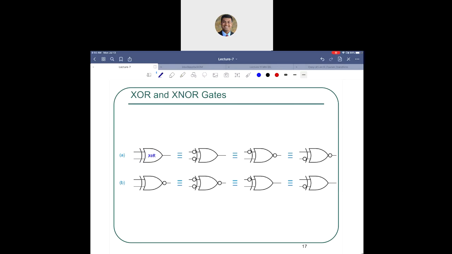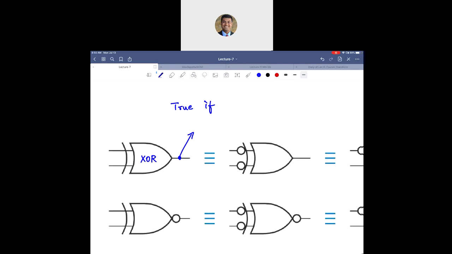What can I say about the output here? I can say that the output is going to be true if inputs are different, right? Because it is the inequality detector. So the output will be true if the inputs are different.